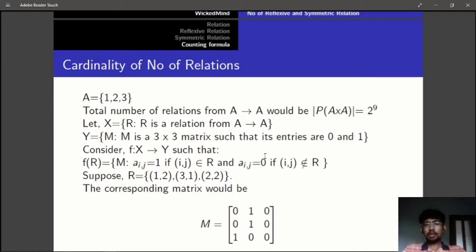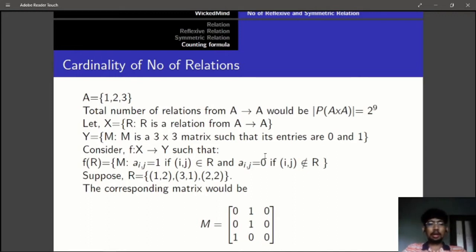Now our main goal is to show that if we can produce a bijective function between X and Y, we are done, because we know that if you can show a bijective function between two sets, this implies that their cardinality must be the same.